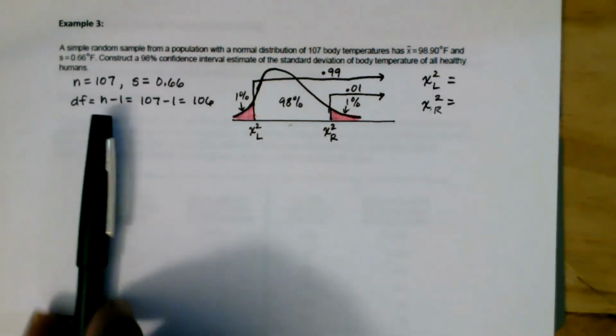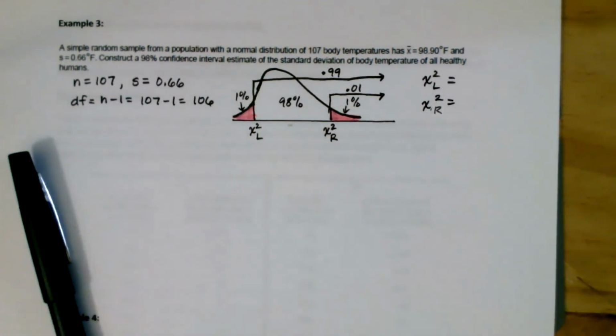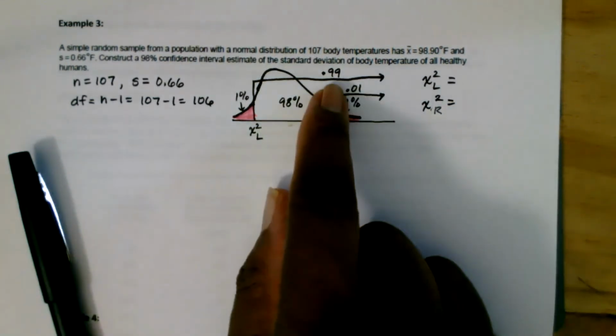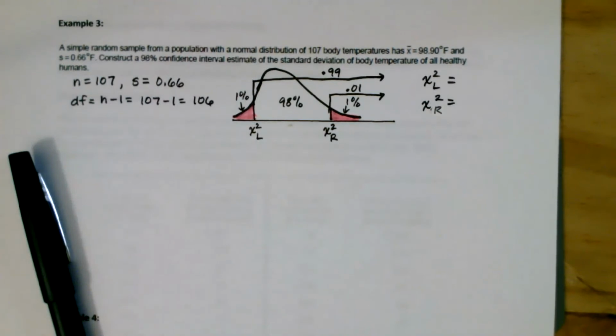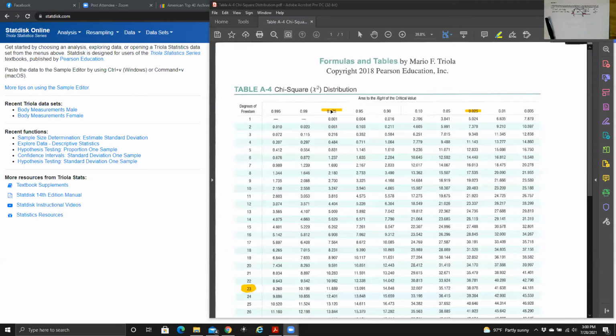All right, so now going back to table A-4, we're dealing with 0.99 and 0.01. Let's see.